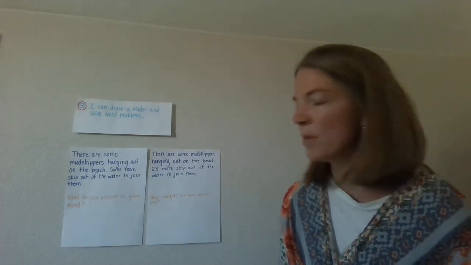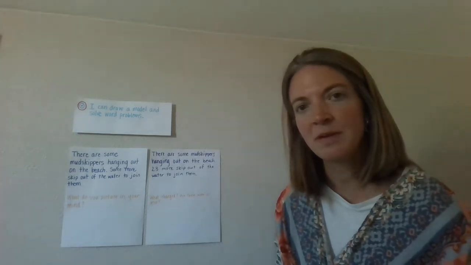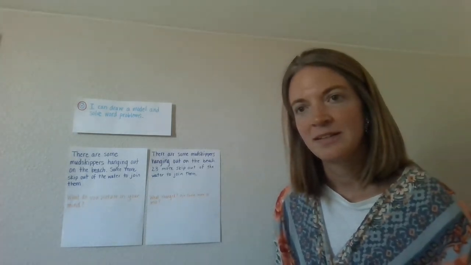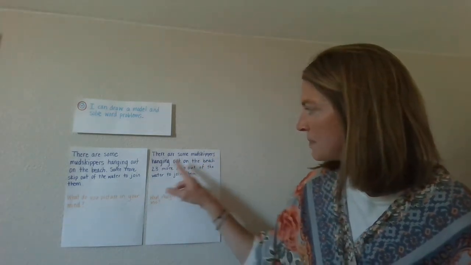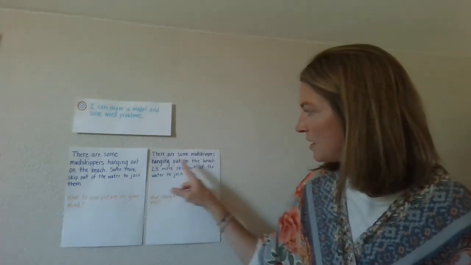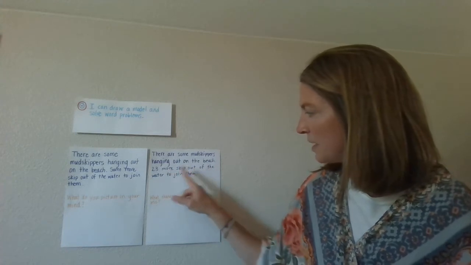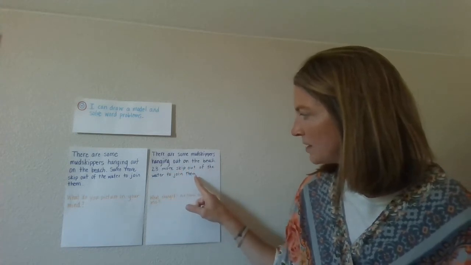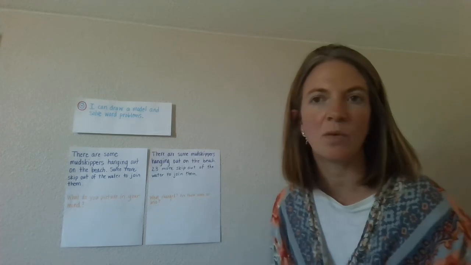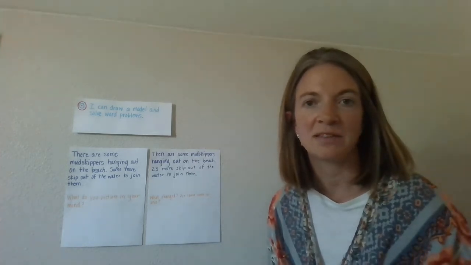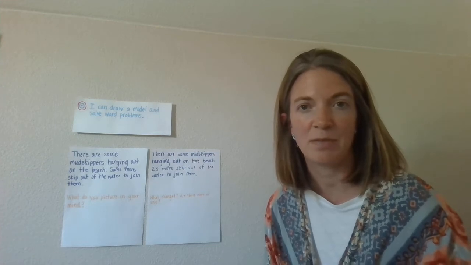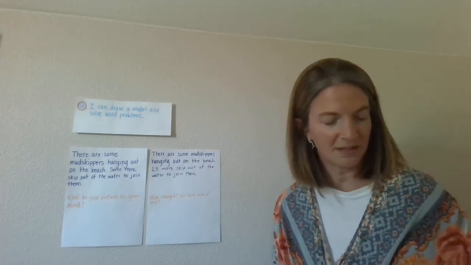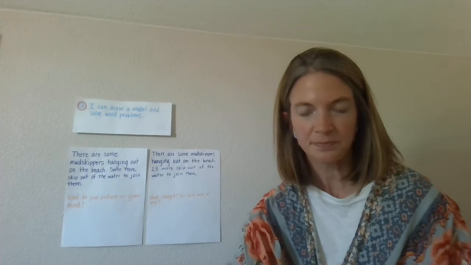So are there more mud skippers than you were thinking in the beginning? It says there were some mud skippers hanging out on the beach. 23 more skip out of the water to join them. So when these ones skip out of the water, that means there are going to be more mud skippers than there were in the beginning hanging out on the beach. Let's see what happens next.